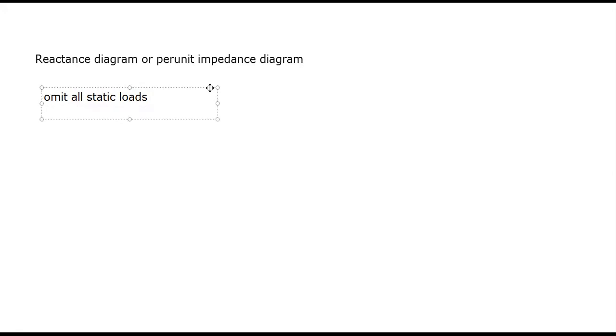Second one is omit. Omit means just avoid. Omit all the resistances. I think you have some knowledge regarding the impedance diagram, because yesterday we saw that impedance diagram.